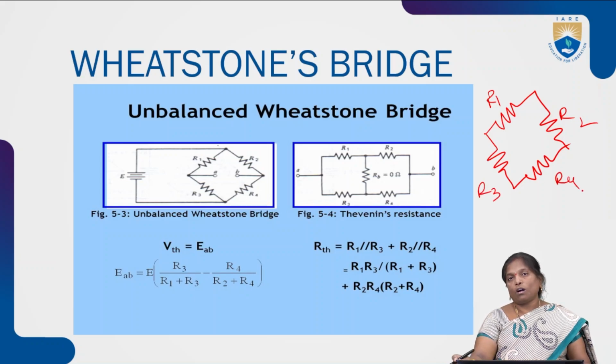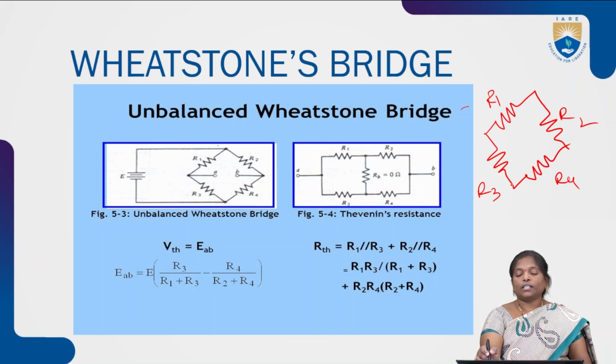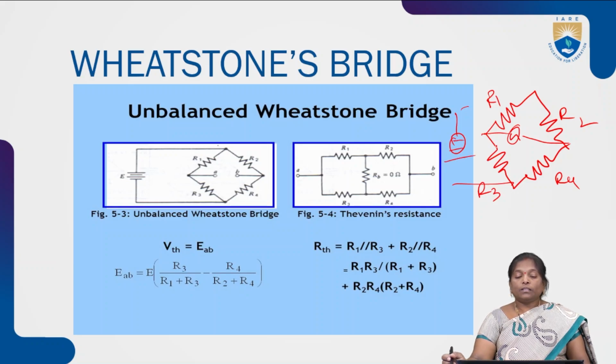These are the 4 arms of a bridge and the 2 arms are connected to galvanometer whereas the remaining 2 are connected to the supply voltage. But in this case, the bridge is present in unbalanced condition. When the bridge is present in the unbalanced condition, instead of measuring unknown parameter, here we need to calculate the current passing through the circuit.